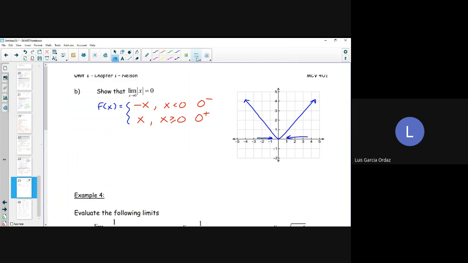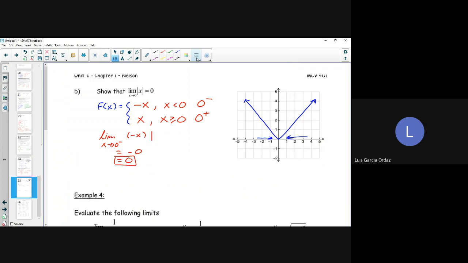So we have to evaluate the limit of x approaching 0 of negative x and the limit of x approaching 0 of x, okay? So the absolute value of x, that function is just a combination of y is equal to negative x and y is equal to positive x. So let's find the limit as x approaches 0 from the left of negative x, which means that we get negative 0, which is just 0.